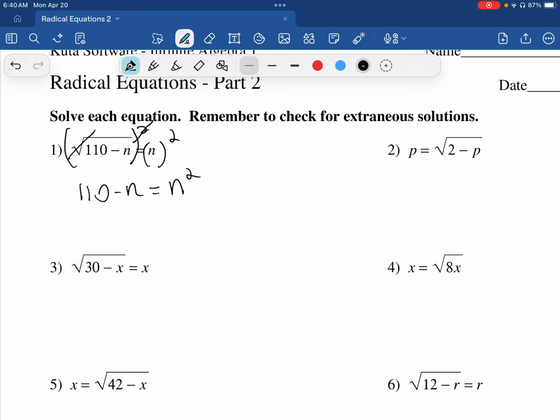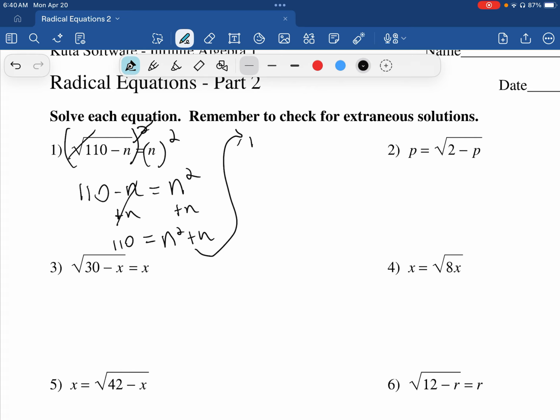So now we're in the world of quadratics, right? We want to set this up to look like a familiar quadratic. So we can add n to both sides. That'll give us 110 equals n squared plus n.